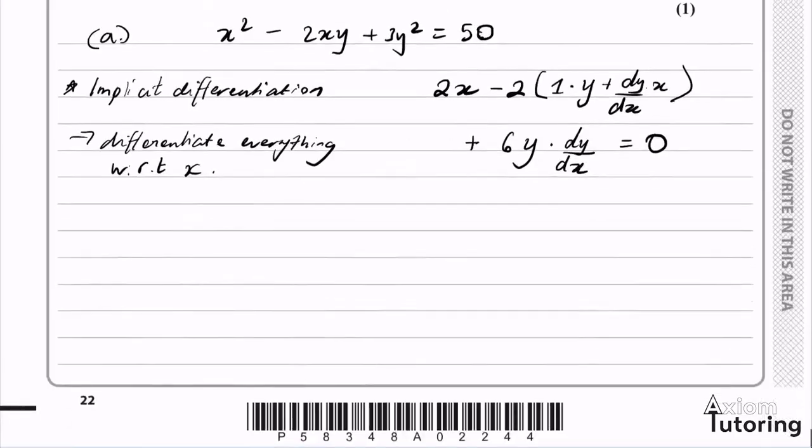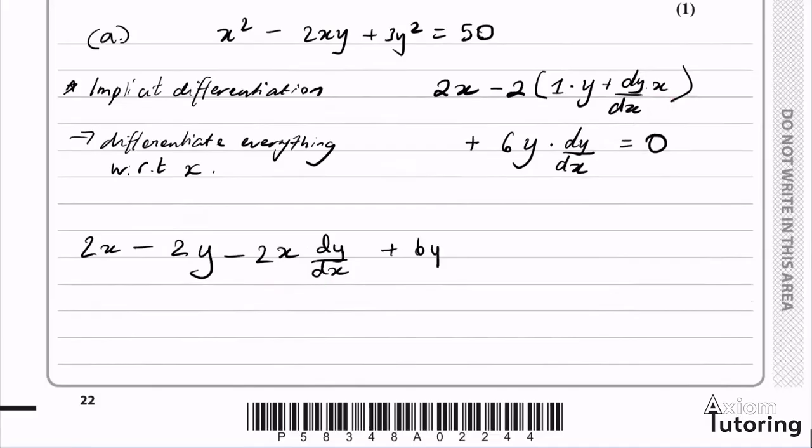So now let's clean that up and rewrite it on another line. We get 2x minus 2, y plus x dy over dx, so minus 2y minus 2x dy over dx. I've also swapped around the x and the dy over dx. It doesn't really matter, it looks a bit better like this.